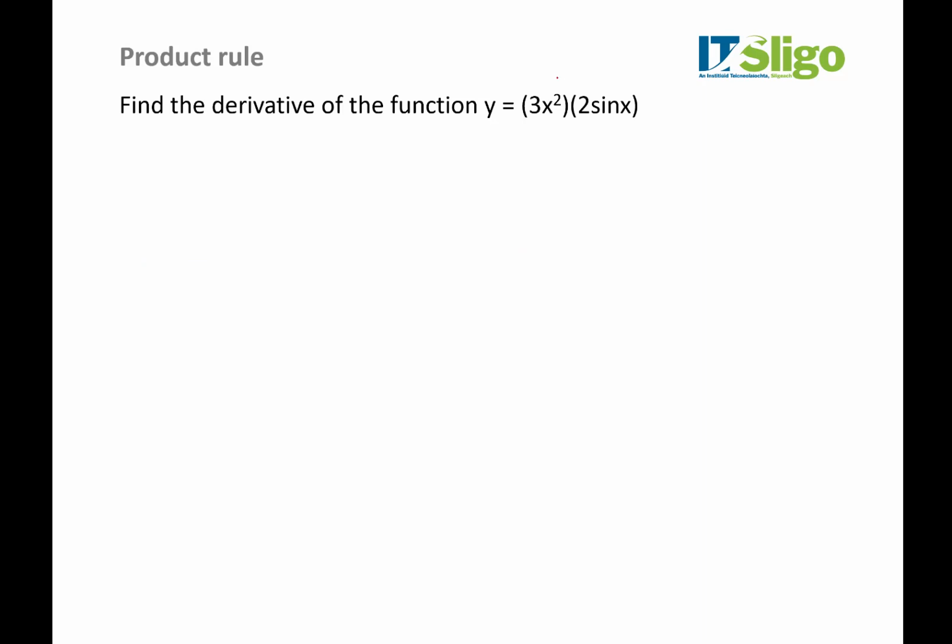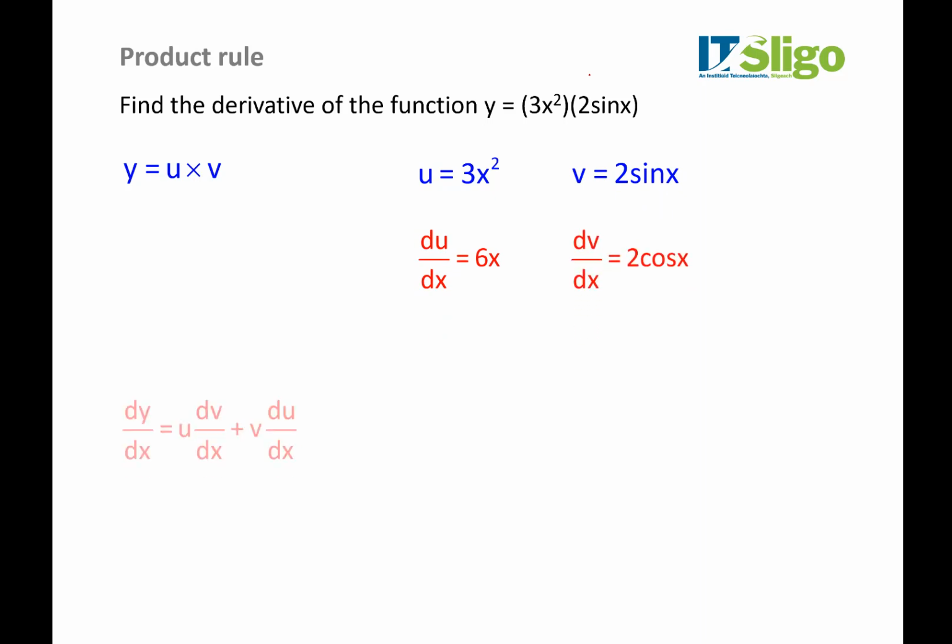So now we have the same two terms from the summation rule, but this time they're being multiplied. So we're looking at u again. u is the first term, v is the second term. We differentiate each of these as before. And now we have the four elements.